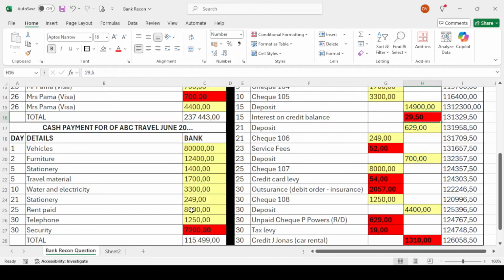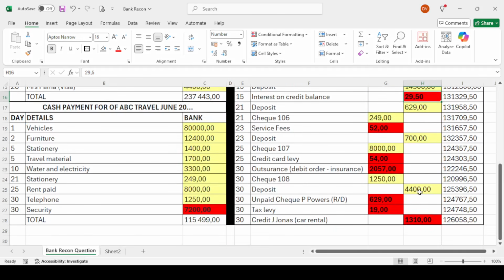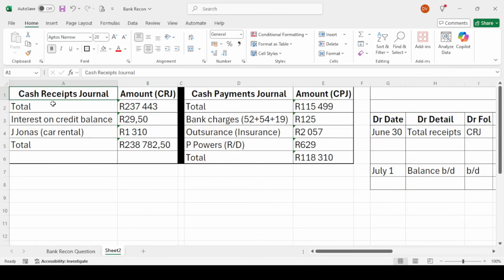Okay. The next one we see on our bank statement is 1,310 Rand. It's a credit for J. Jonas. It was for car rental. You add it to your cash receipt journal, J. Jonas car rental, 1,310 Rand.